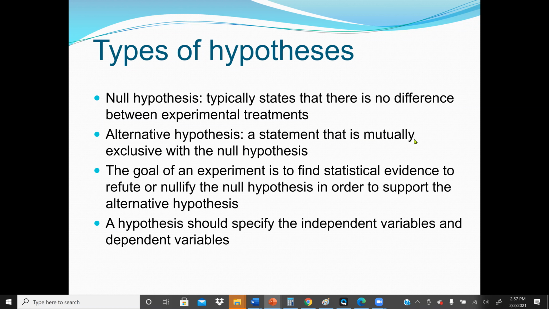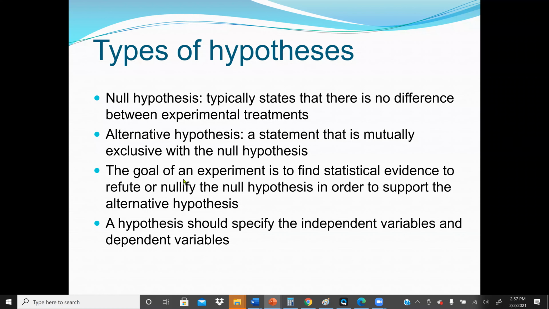So the term is mutually exclusive, which means if null hypothesis says yes, alternative has to say no. Both cannot agree on the same. And if null hypothesis and alternative hypothesis are the same, then we don't need to test the null hypothesis anymore. We already have one answer, so we finish.